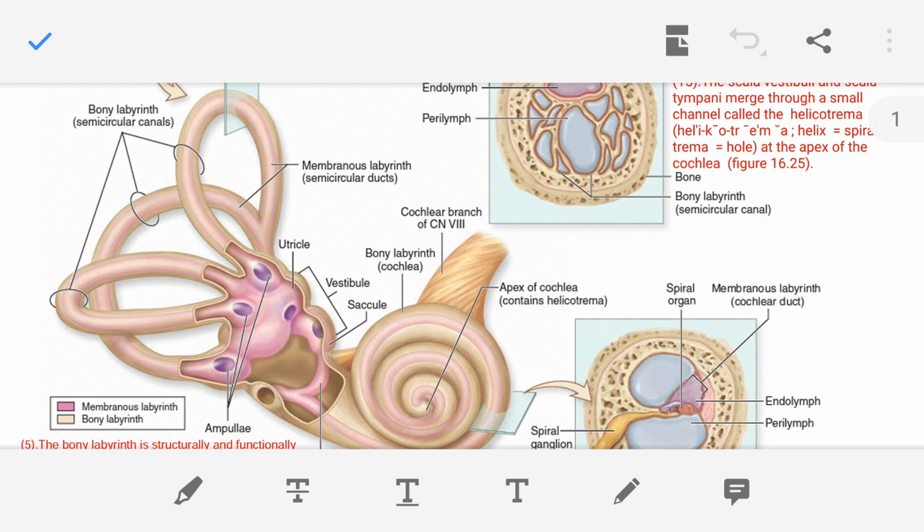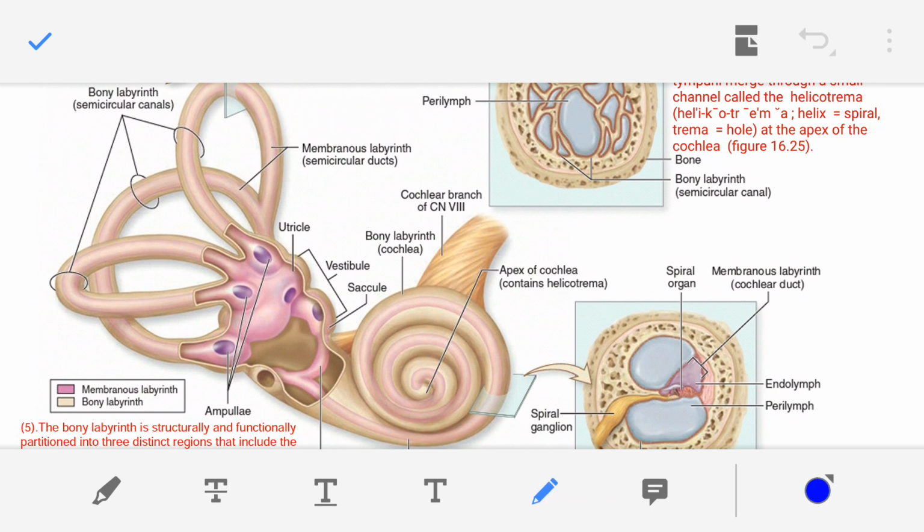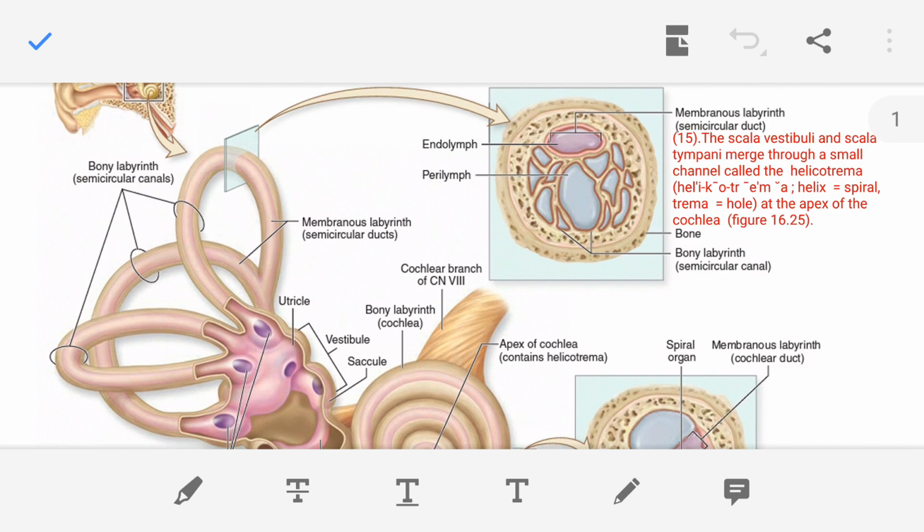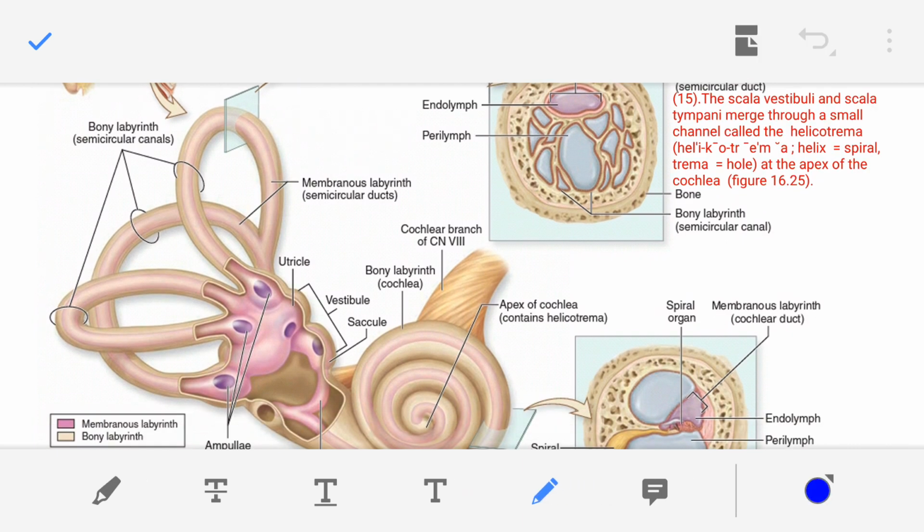So here on the screen, as you can see, this entire structure from the outside is the bony labyrinth, and here the names are written. See, this one, and this one, these three are semicircular canals.